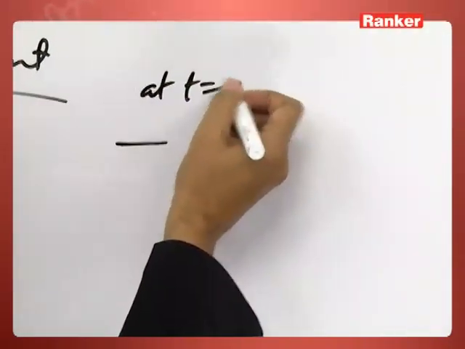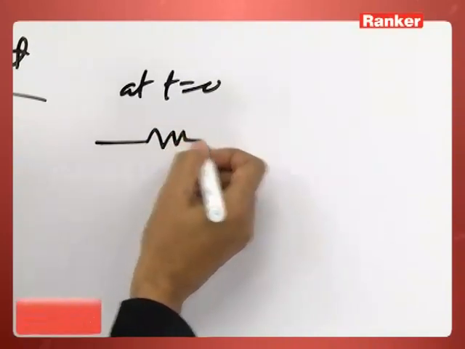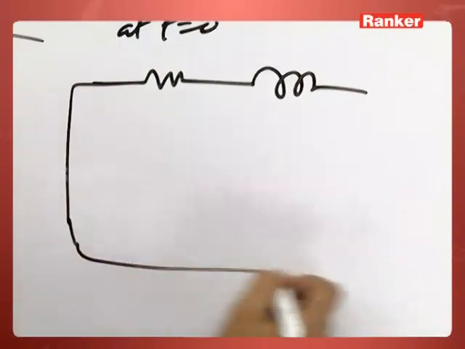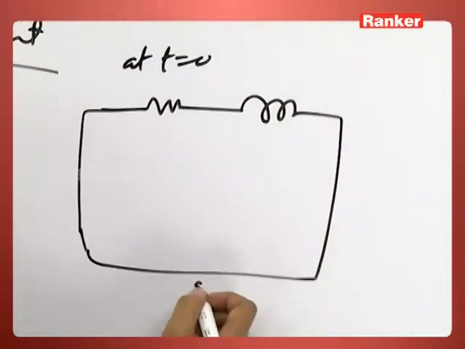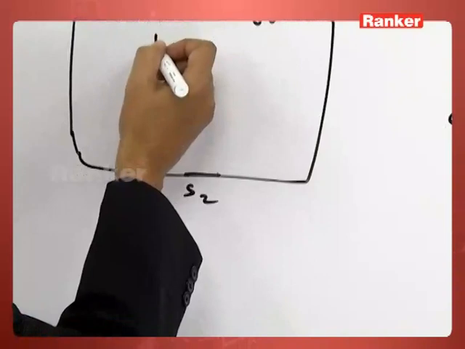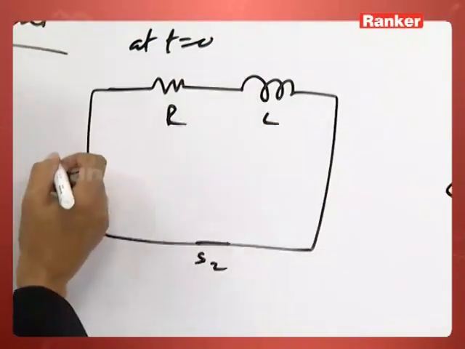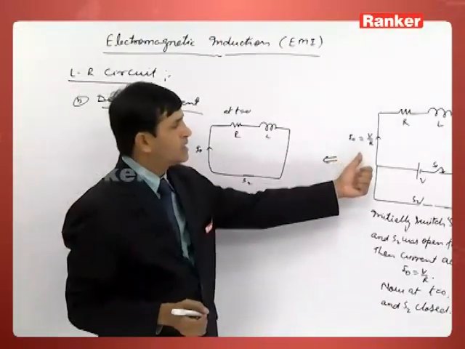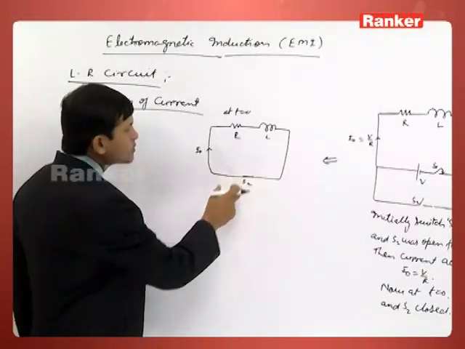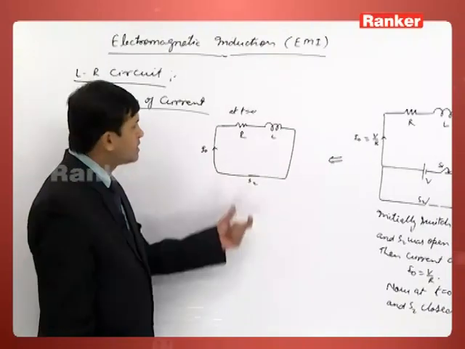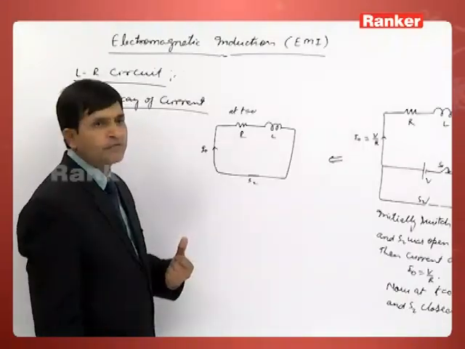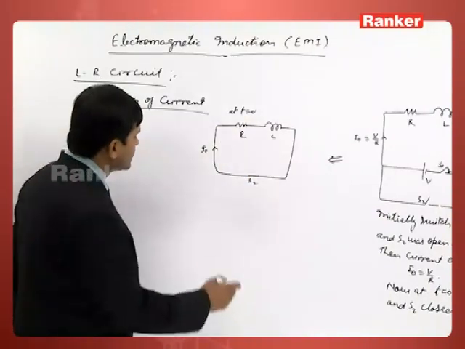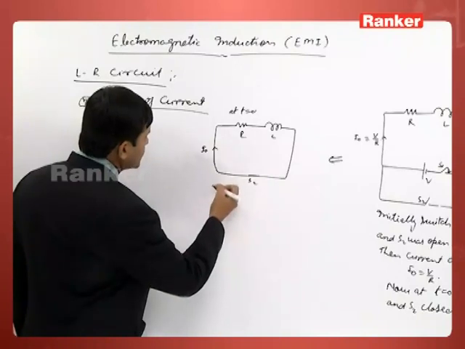At t is equal to 0, we can have this type of circuit diagram. This is your S2 switch which was closed here, and current right now at t equal to 0 is I0, which is V by R. Since there is no source of EMF available, that current cannot sustain for a longer time, it starts decreasing.